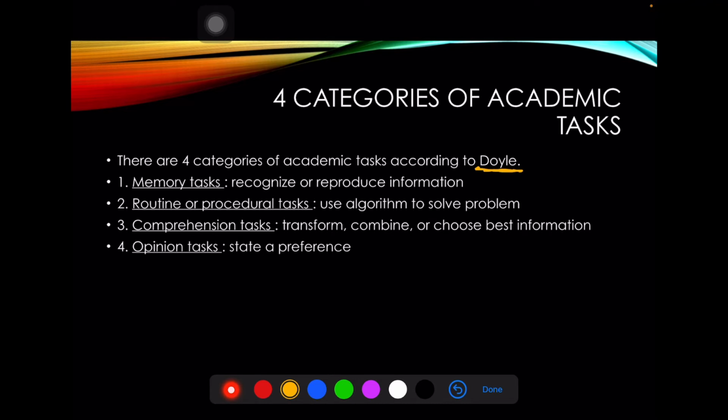That is recognizing and reproducing information. You just reproduce the information, making it easier for the students to actually understand what photosynthesis is all about. Next one, routine or procedural tasks: use an algorithm to solve a problem.